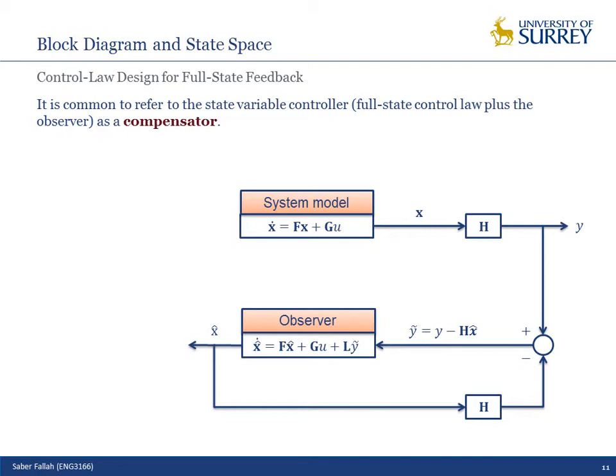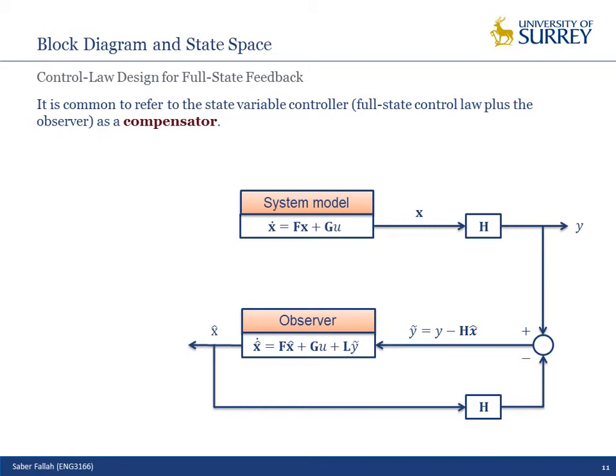So if y, for example, is 1, 0, 0 times x1, x2, x3, which means y is equal to x1, I can measure x1, but I don't have any information for x2 or x3. How can I get the information from x2 and x3? By building up an observer.